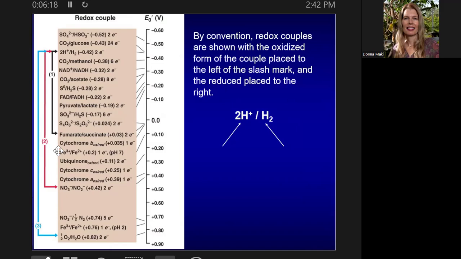So let's look at the H plus slash H2. By convention, the oxidized form is to the left of the slash, and the reduced form is to the right of the slash. So the oxidized version of hydrogen gas is protons.